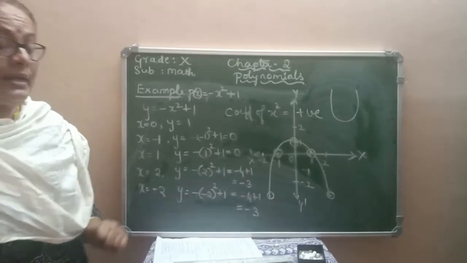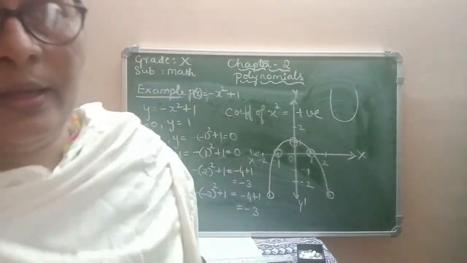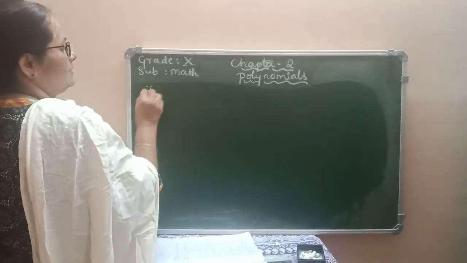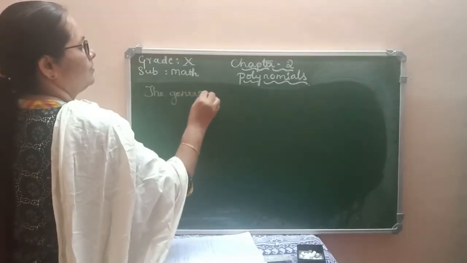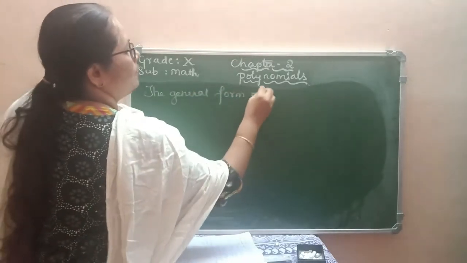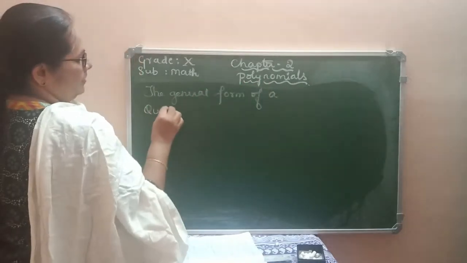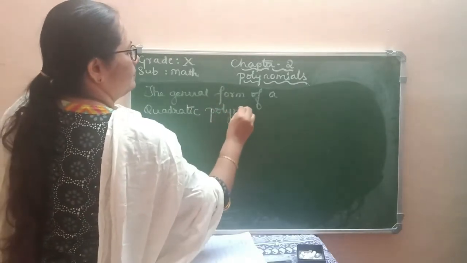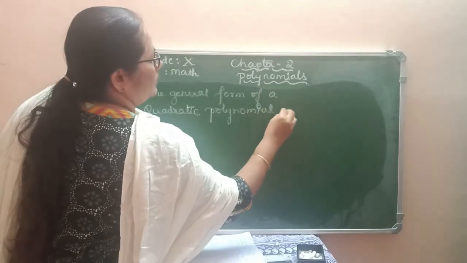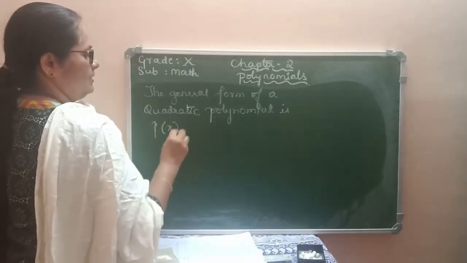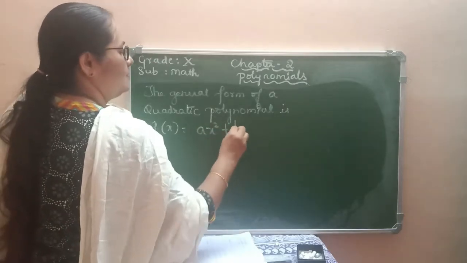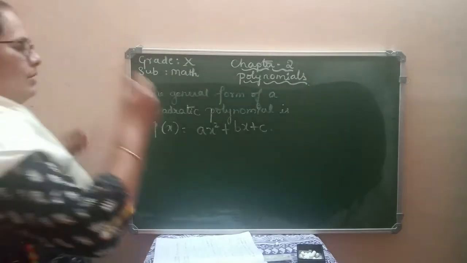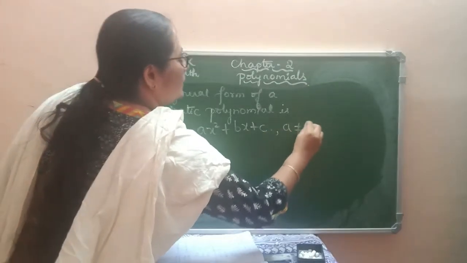Now, what is the general form of a quadratic polynomial? The general form of a quadratic polynomial is p of x equals ax square plus bx plus c, where a is not equal to 0.